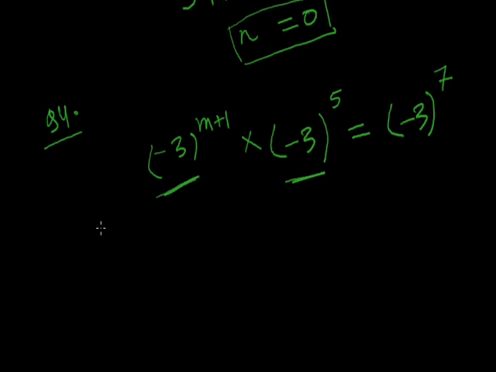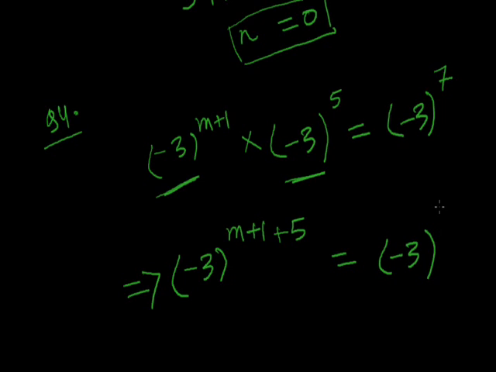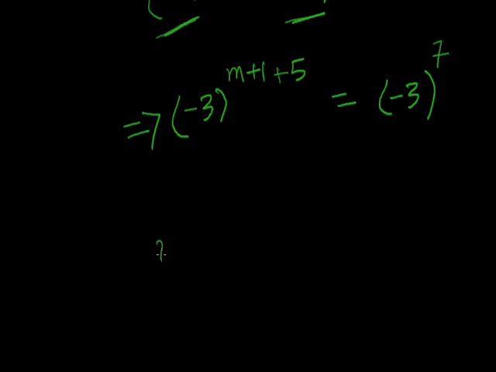So according to the first law of exponent, when the base is the same, the powers get added, implies that (-3) raised to the power m plus 1 plus 5 is equal to (-3) raised to the power 7, implies that m plus 6 is equal to 7, m equals 7 minus 6 equals 1.